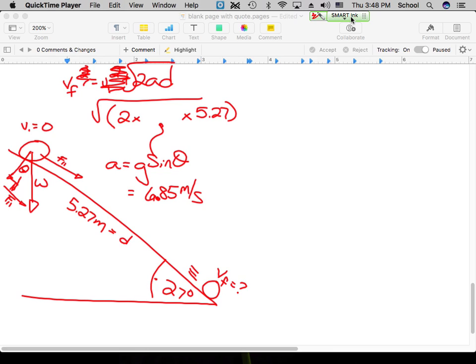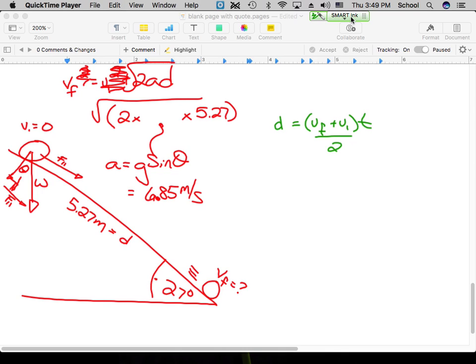Okay, the second question was, how long is it going to take to roll down the ramp? So again, we had the VI and the VF and the D, and this time we want to find T. The best equation for that is D equals VF plus VI times T over 2, which has everything.